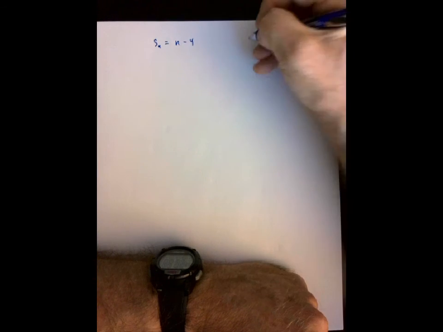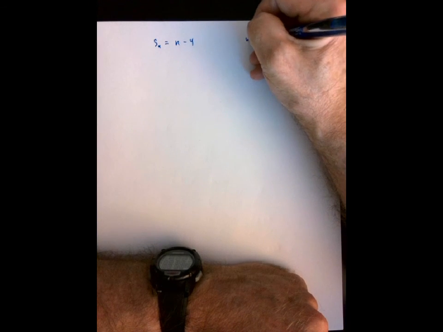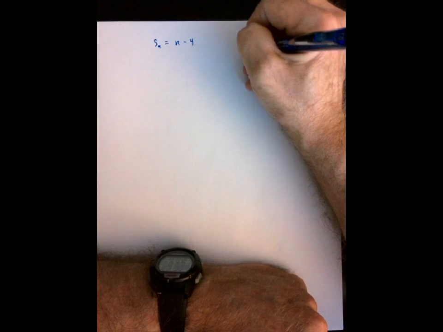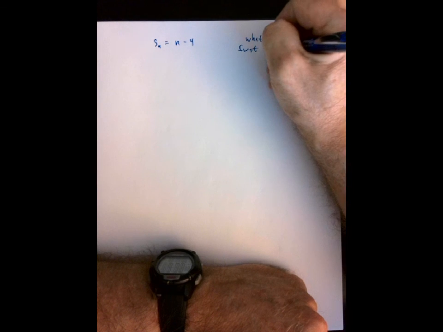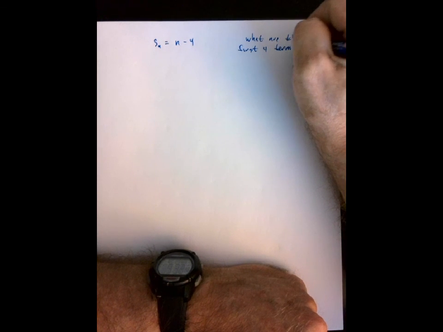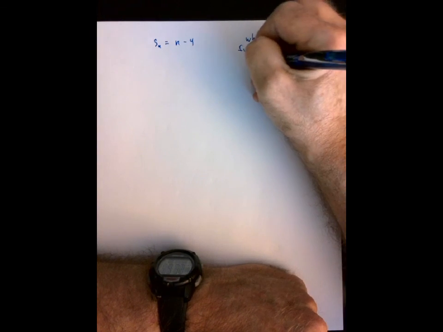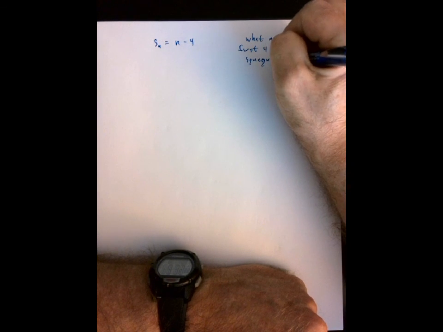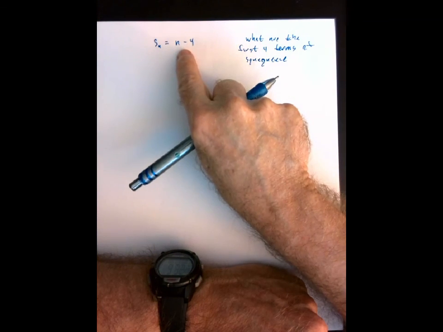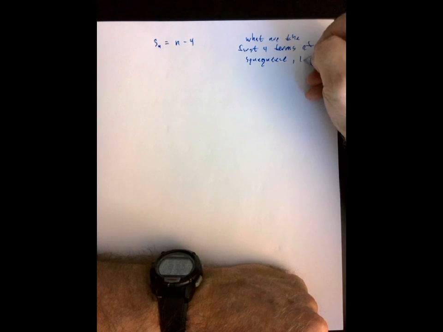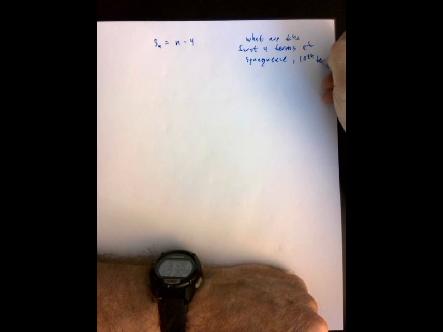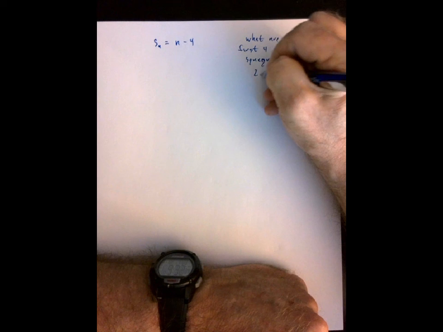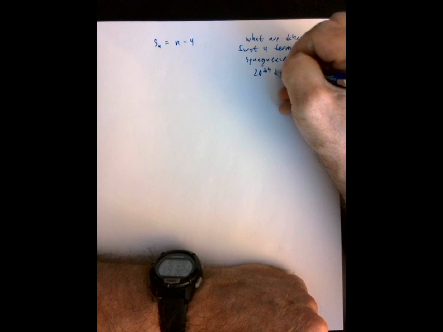So let's say we want to know what are the first 4 terms of the sequence that has that rule, and what's the 10th term, and what's the 20th term, say.